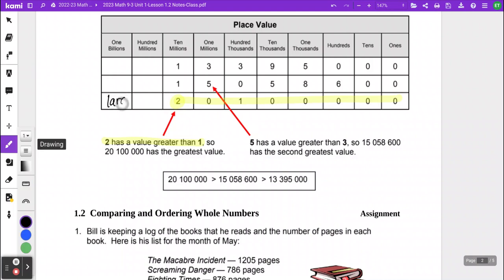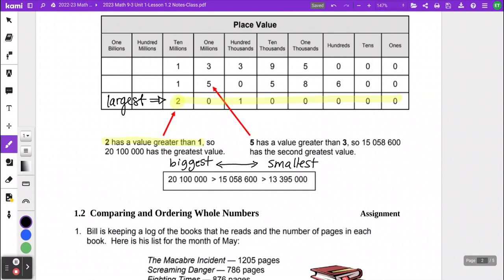Okay, so the number with a 2 means it's going to be the biggest. So they're putting them in terms of biggest to smallest, as they have it written here. That's how they're comparing them right now.